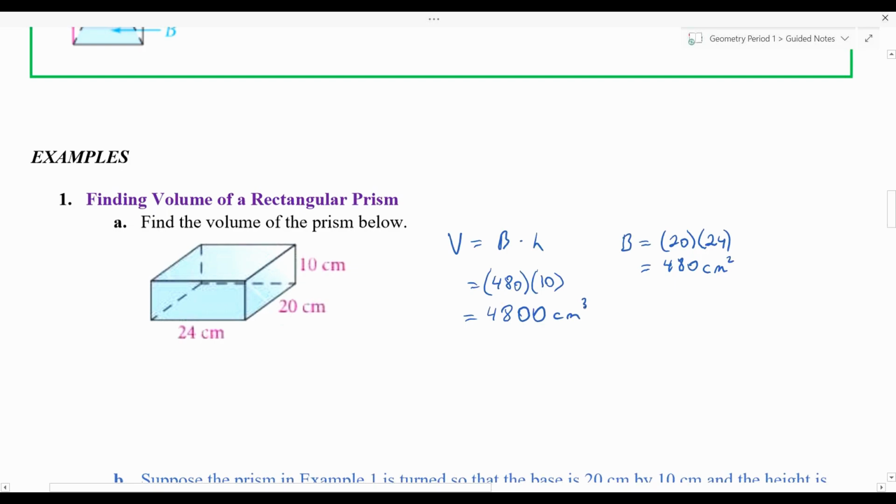And there we have our answer. You could actually do this in one step if you like: volume equals 20 times 24 times 10, and that still gives me 4,800 cubic centimeters. And that's the volume.